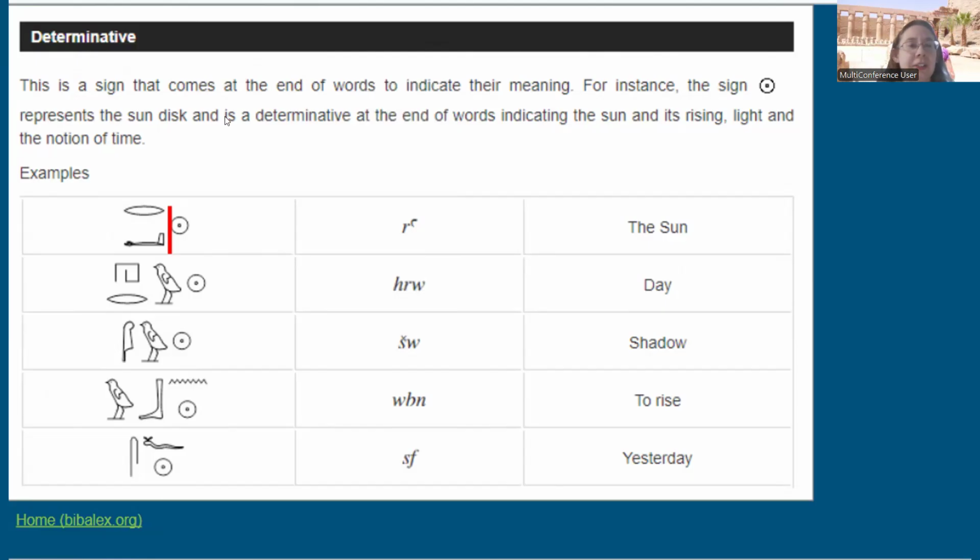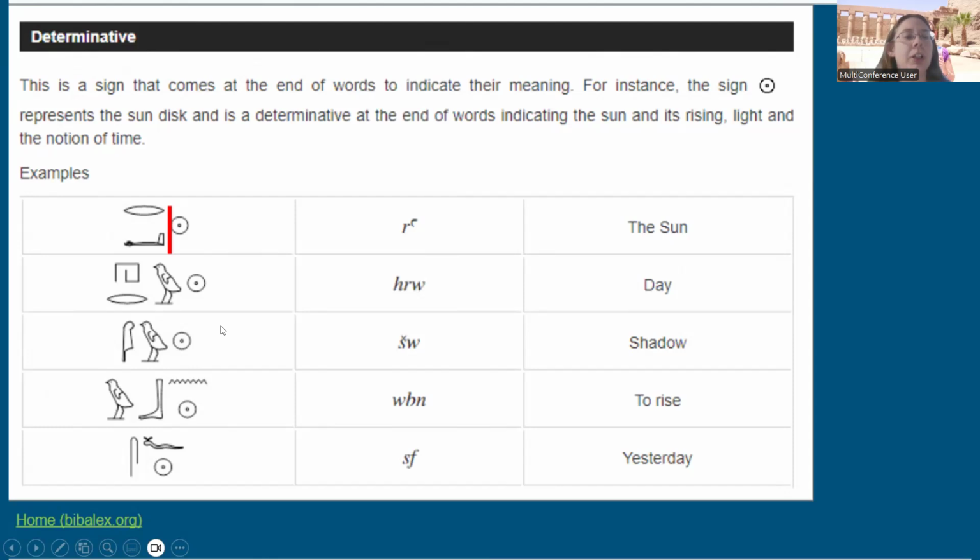So these are some examples from that site. Each of these images is one word. So the word for the sun, Ra or Re, a word for day, Heru, a word for shadow, Shu.